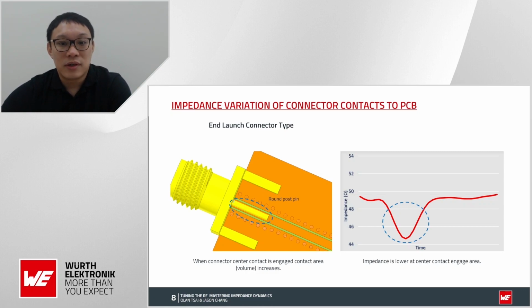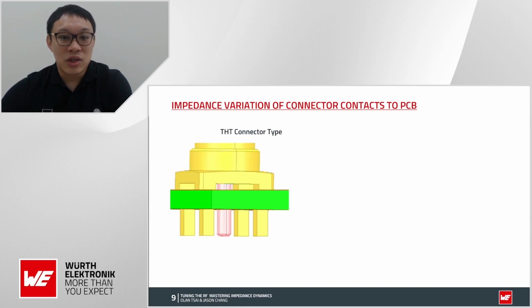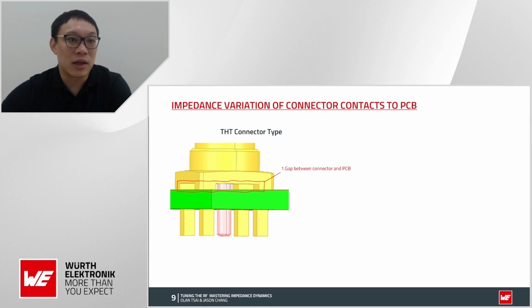Okay, so far so good, hopefully for everyone. And let's look at the THT connectors. The THT connectors have more problems you can think of, I guess. The first is the gap between the connector and PCB. The second is the angular propagate direction. The signal propagate wave changes.